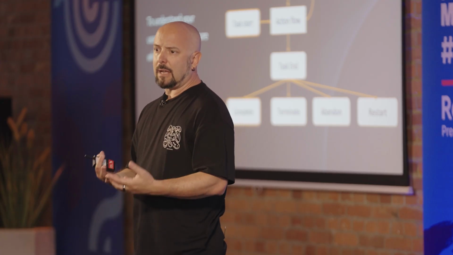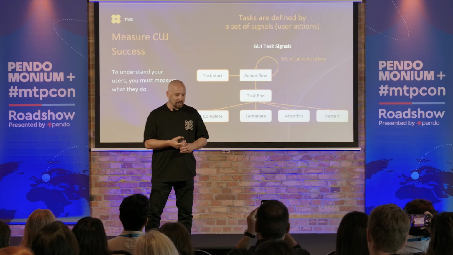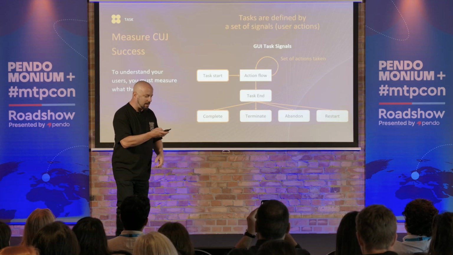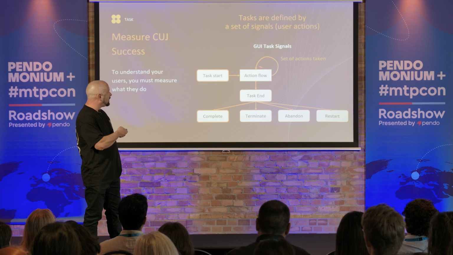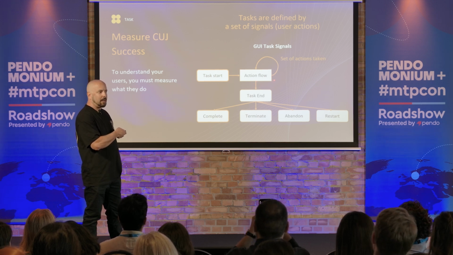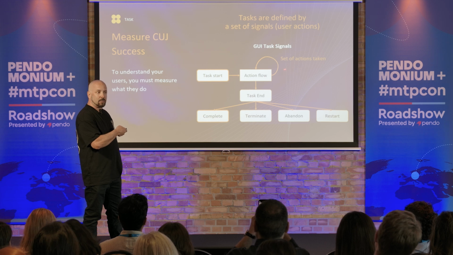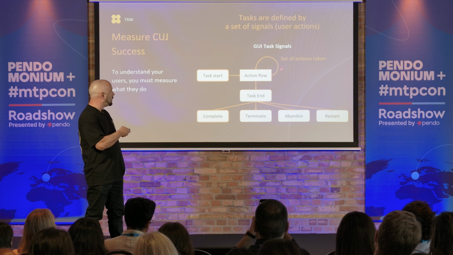But if you think about user actions, they're much more complex than that, right? So you might have this, let me see, I have here a laser. You have a start, right? And then there's actions they take, a flow of different actions. Many of them might lead to the desired outcome. Some of them might be really efficient, others not. So you need to understand each step taken in this action flow until the task ends.